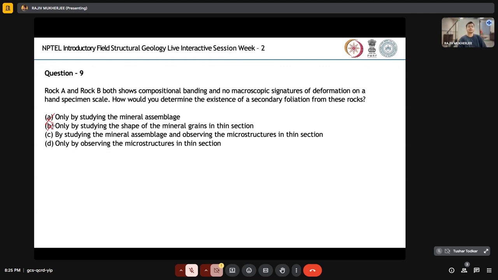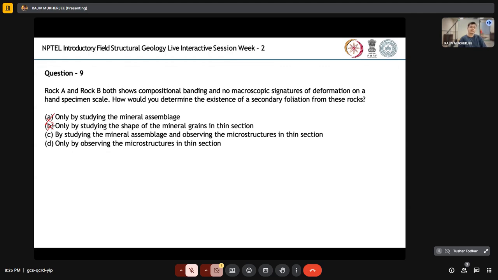These are also very much crucial information that we get apart from the deformation structures and deformation microstructures, and from the mineral assemblages, right? So for example, if you get kyanite or glaucophane in your rock, so that would definitely mean that it is a very high pressure temperature rock.